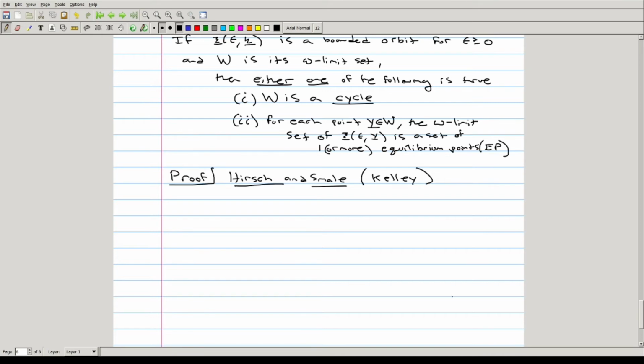And the main idea is that you use the fact that if you can bound the solution in an invariant region, either one of these two things has to be true.